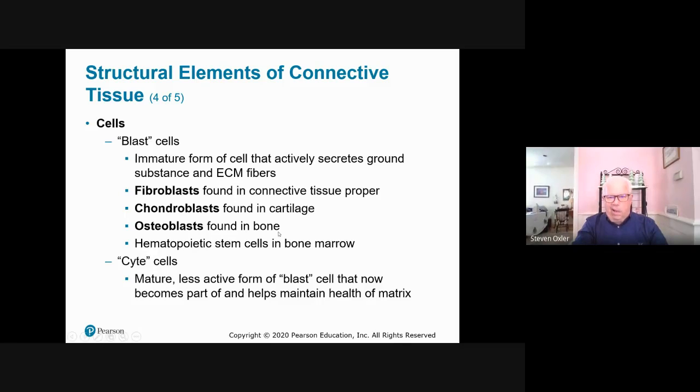Osteoblasts make bone. The cyte cells, fibrocyte, chondrocyte, osteocyte, maintain the health of the matrix. Blast cells produce, cyte cells maintain.